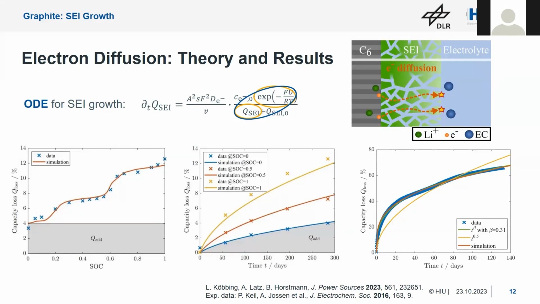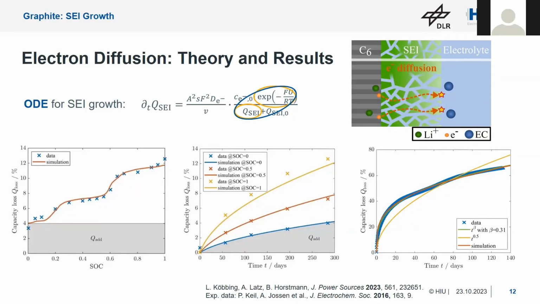So when some people do storage experiments and they don't control the state of charge, then the state of charge starts to drift. And it appears that it's not a square root of time growth. So for this data here, one would deduce that it's not a t to the 0.5, as for square root of t, but a t to the 0.31 that would fit the data.